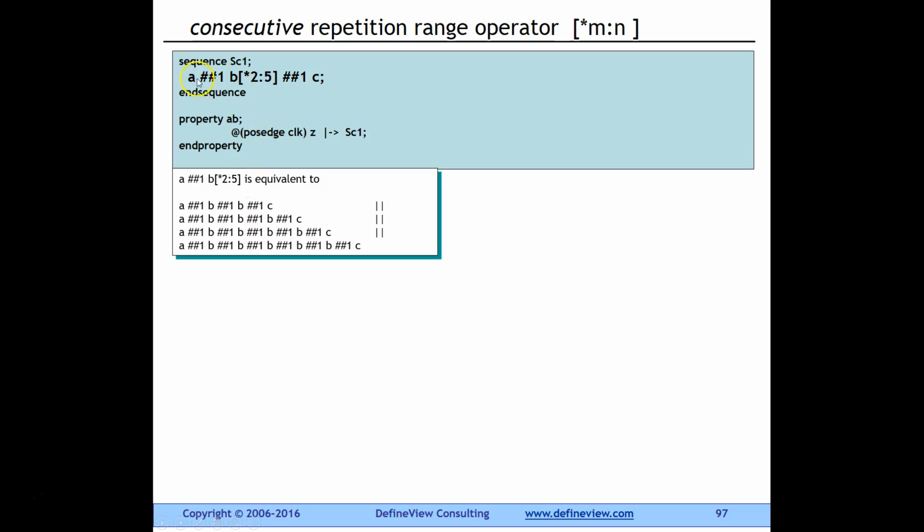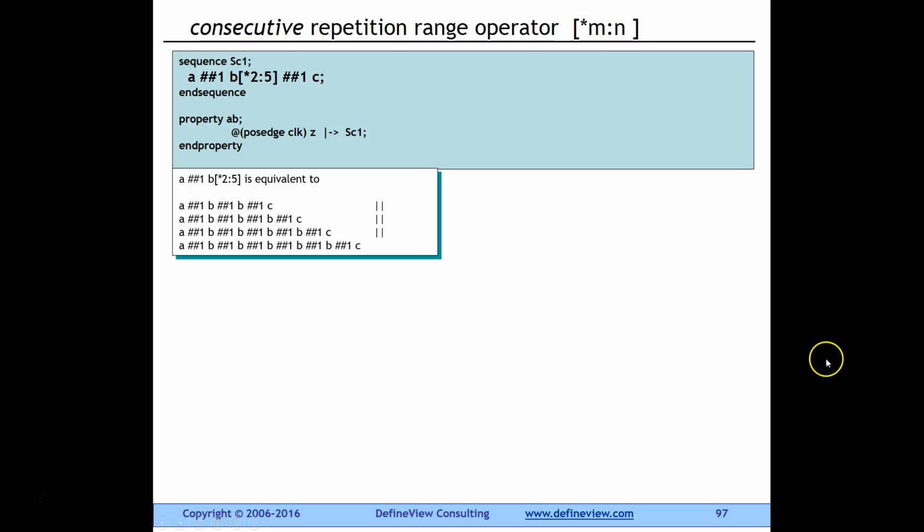So this particular A followed by B followed by C is equivalent to A, B, B, C, or what that means is if this condition is not met, then the property is going to look for 3 B's and then C. If that is not met, then it's going to wait for 4 and so on and so forth.